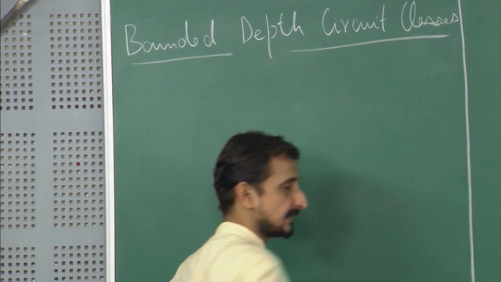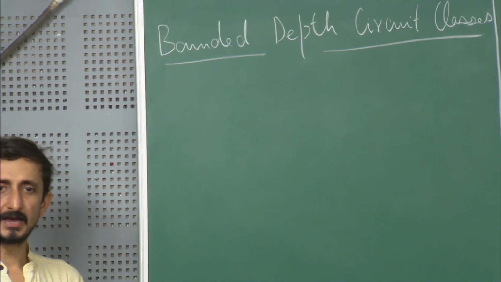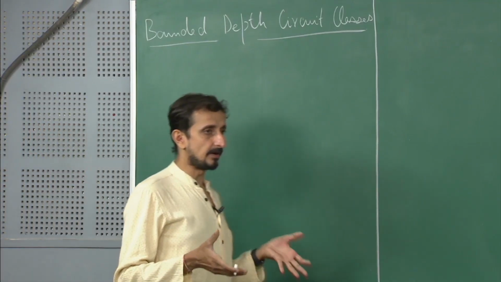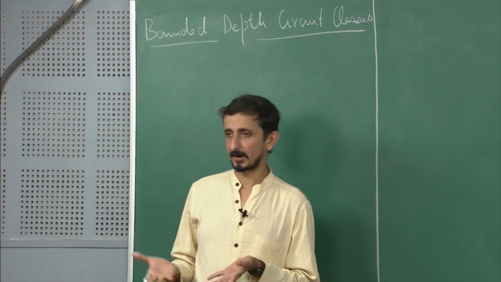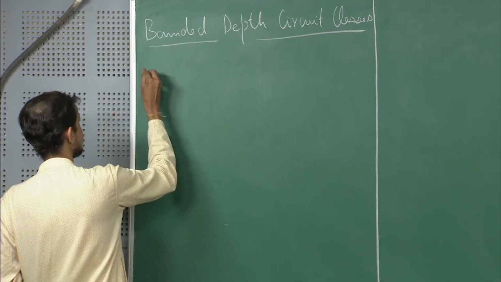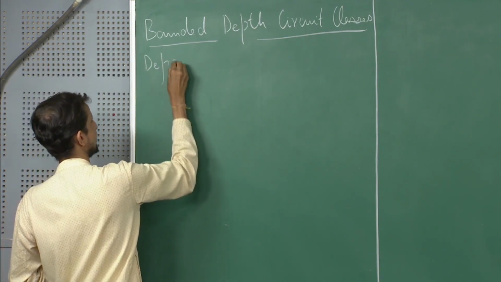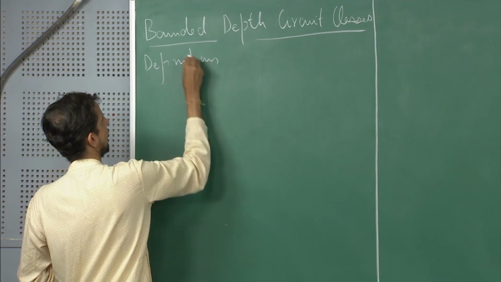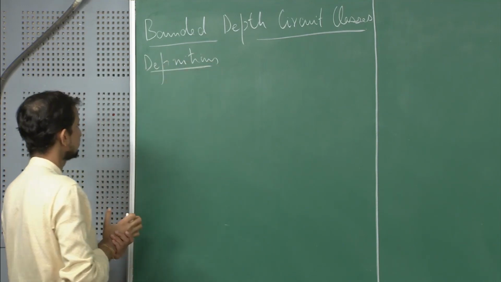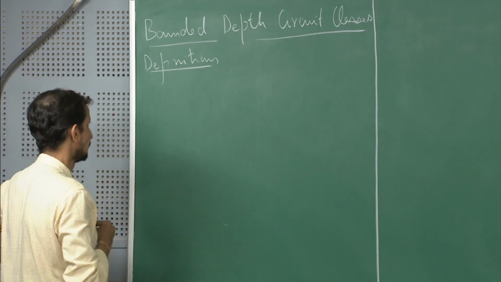Essentially these classes consist of Boolean functions which can be computed by bounded depth circuits which have a certain structure. So the first definition that I want to introduce is that of non-uniform classes.